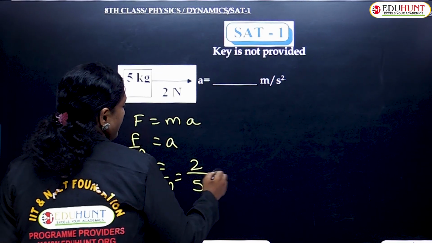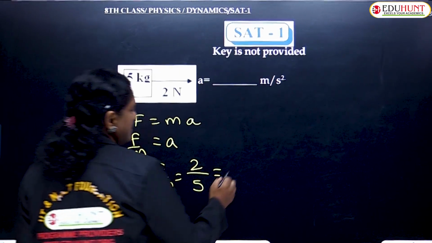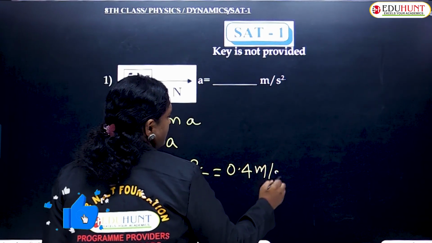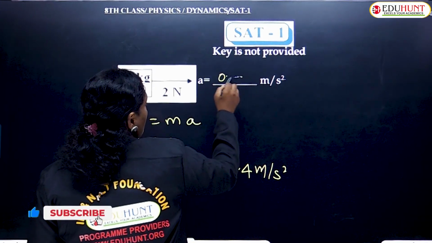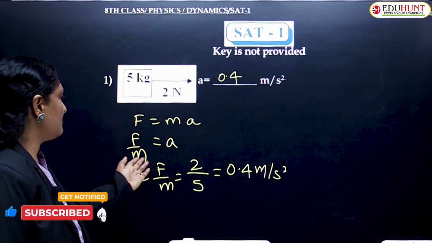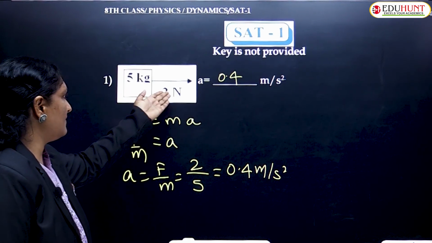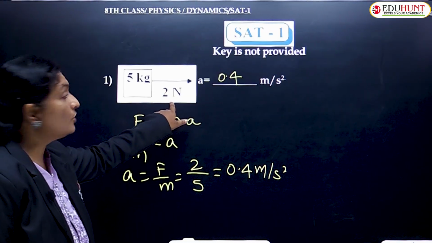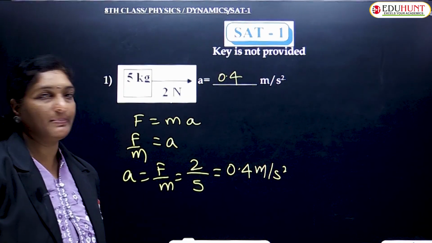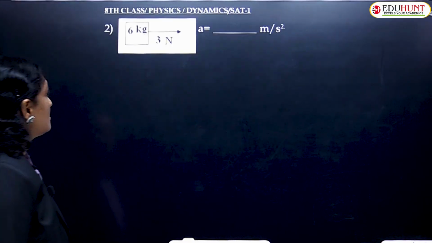Mass given 5. So 2 by 5 is how much, children? 0.4 meter per second square. So the answer is 0.4 meter per second square. Simple. F equals ma or A equals F by m. F is given here as 2 newton and mass 5 kg. 2 by 5 you simplify, 0.4. Next question.